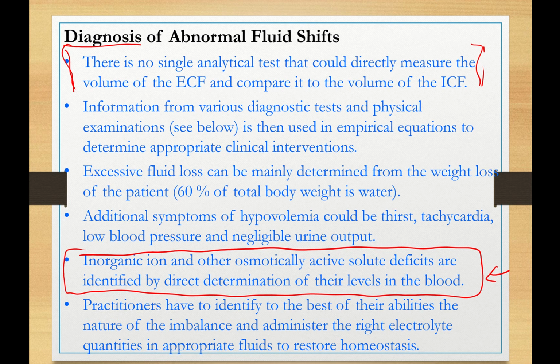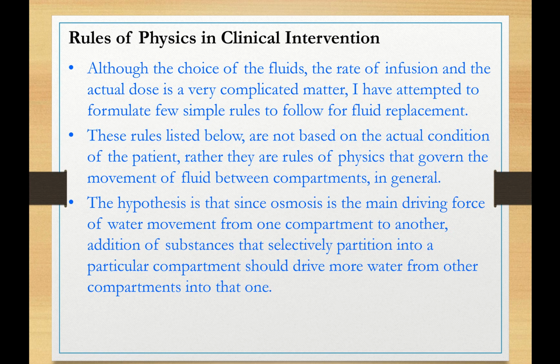Now, of course, because there is no single analytical test, a physician depends on many different tests and many different physical examinations, and the results and conclusions of those tests will be used in empirical equations to determine appropriate clinical interventions. And I've written some of these tests over here, okay? Now, what I've done in this lecture is the following.